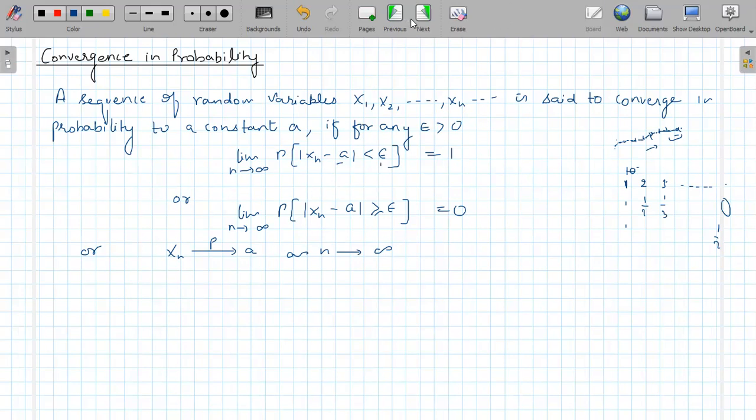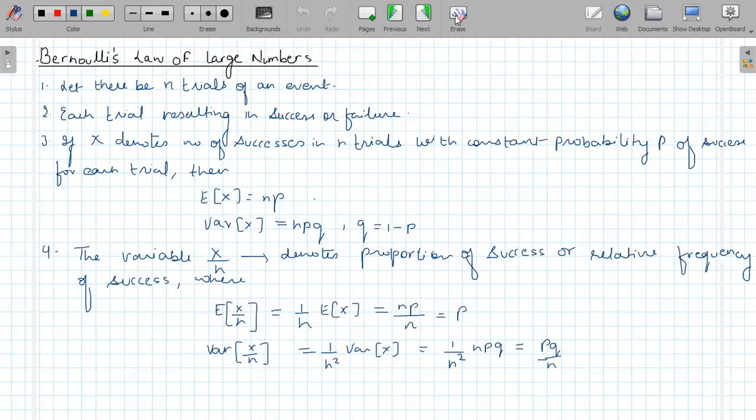So based on this convergence in probability, we have a law which is called Bernoulli's law of large numbers. What is this law?